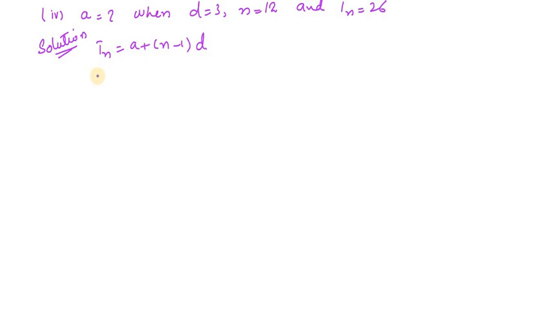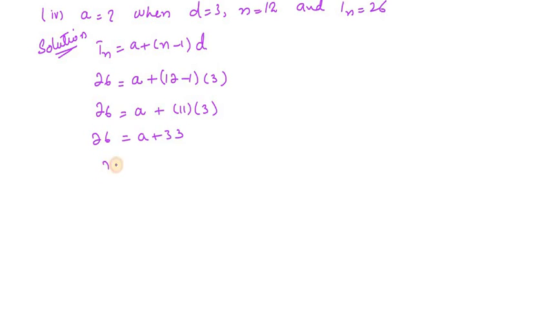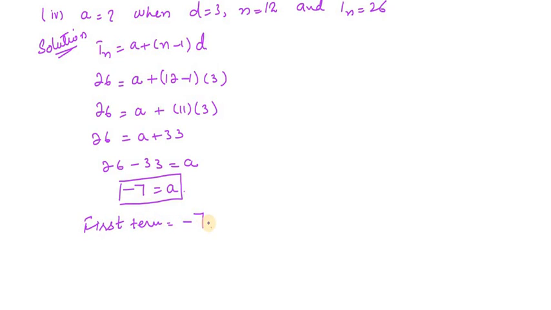The value of Tn is 26. A we have to find, plus n is 12 minus 1 and d is 3. So 26 is equal to a plus 11 times 3, a plus 33. So 26 minus 33 is equal to a. So we get the value of a is minus 7. So the first term is minus 7.